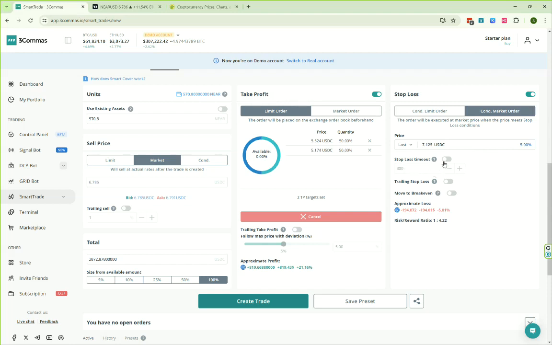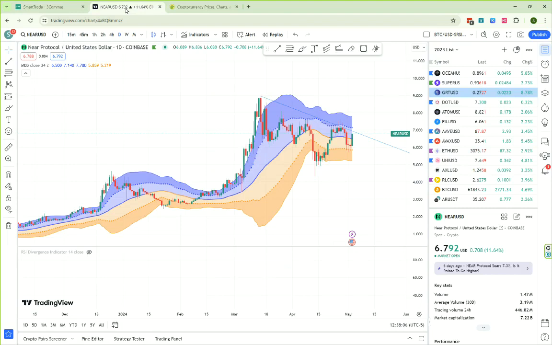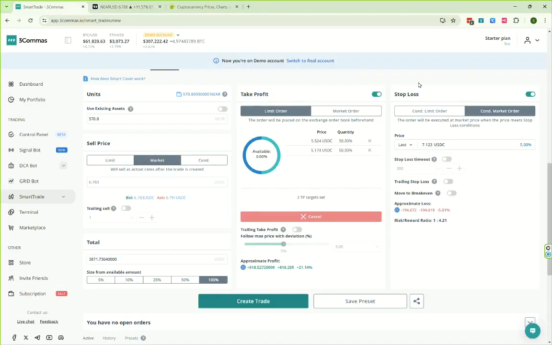Now there's a stop loss timeout, which means basically if the token goes up to this price, but then it bounces off of it and goes back down, you can put a limit on how long you want it to be above this price before it actually executes the trade.